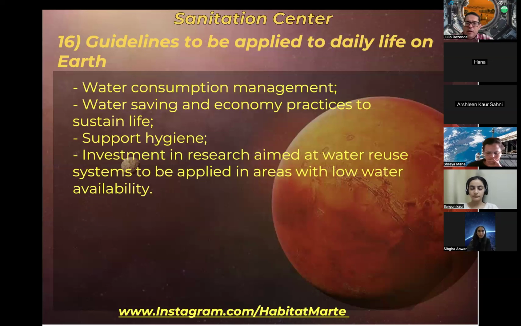Gray water is water from the sinks and from the bath area, from the shower. This kind of water is contaminated, but it is easier to treat when compared with water containing feces and urine. Okay.